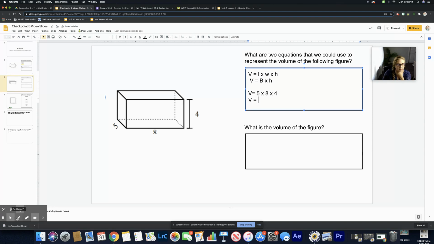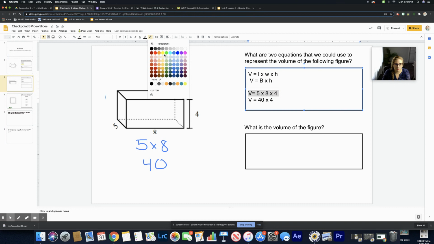And then for my base, I have to figure out what my base is. So I'm going to multiply my length times the width, so 5 times 8, which I know is 40. So my base is 40 times 4. So now I'm just going to choose one of those to figure out the volume. I'm going to take this one because we used the other one last time.